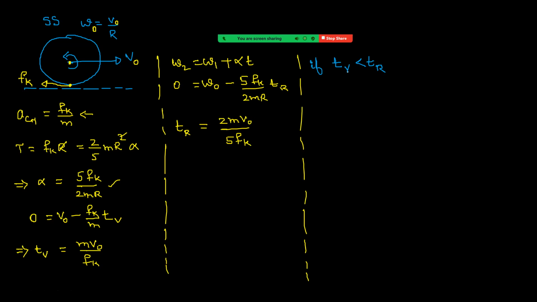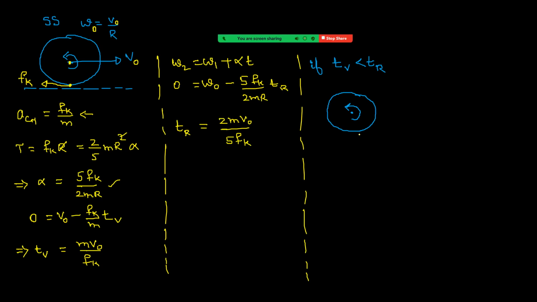The time taken for velocity to become zero is less than that of rotation, meaning velocity becomes zero before omega becomes zero. Then see what happens. According to this condition, velocity becomes zero, so at one point of time, it has only rotation. There is no translation.